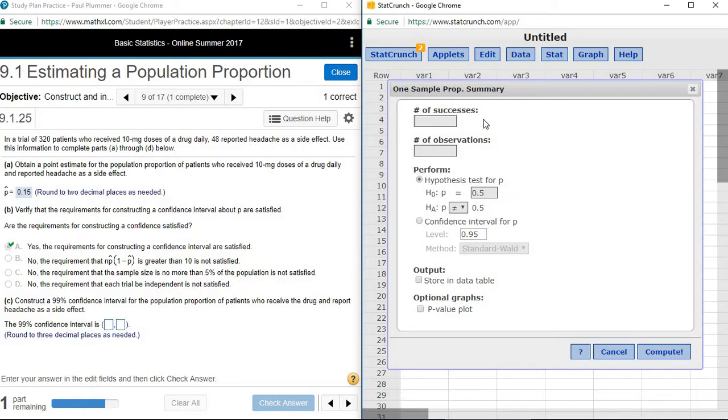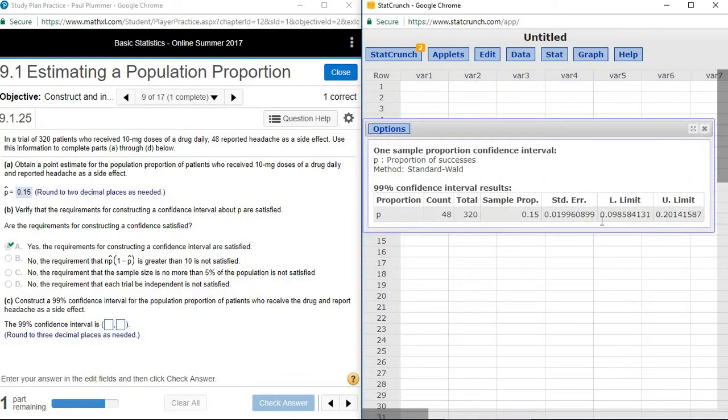Our successes, again, are 48. The number of observations are 320. We are constructing a confidence interval, so I need to change that. My level of confidence, it is asking me for 99%, so I need to change this to 0.99 from 0.95, and then press compute.